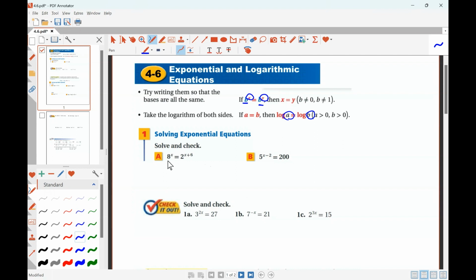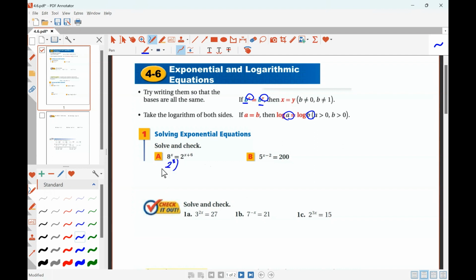In the first question, we have exponents on both sides of the equation. So the first thing we need to do is try to get the same base. Express each side with the same base. Can I write 8 in terms of 2? Yes, I can. 8 is equivalent to 2 cubed. So just write 2 cubed for 8.